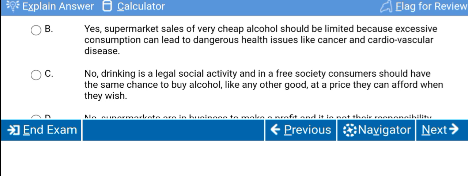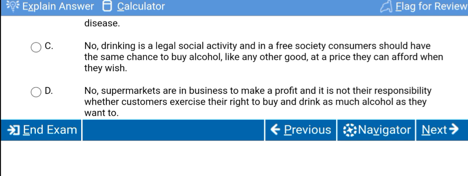Option C, no, drinking is a legal social activity and in a free society consumers should have the same chance to buy alcohol like any other good at a price they can afford when they wish. Option D, no, supermarkets are in business to make a profit and it is not their responsibility whether customers exercise their right to buy and drink as much alcohol as they want to.